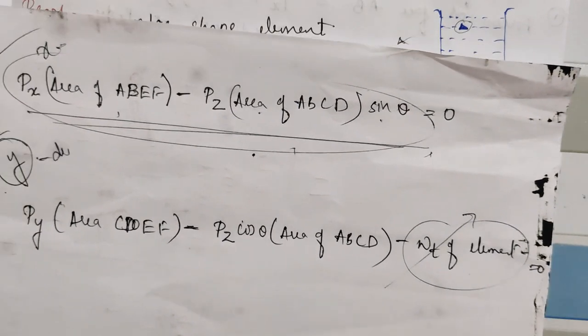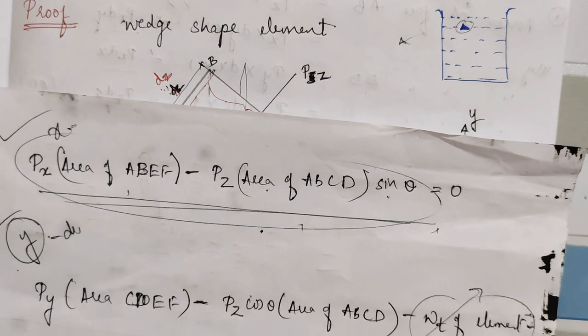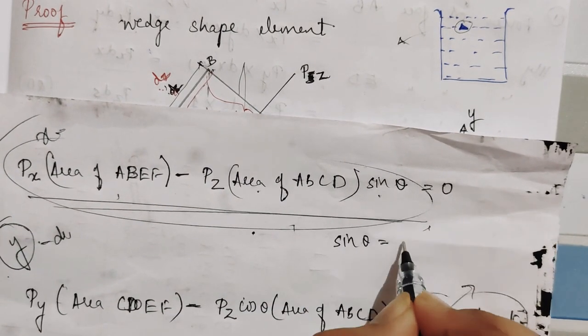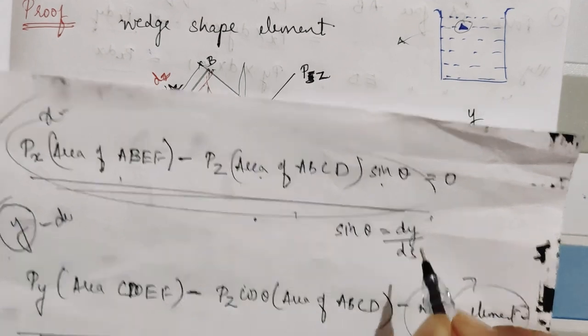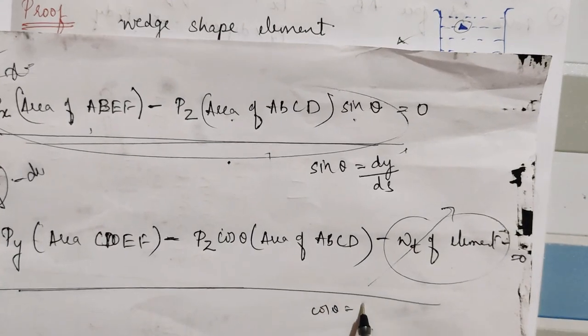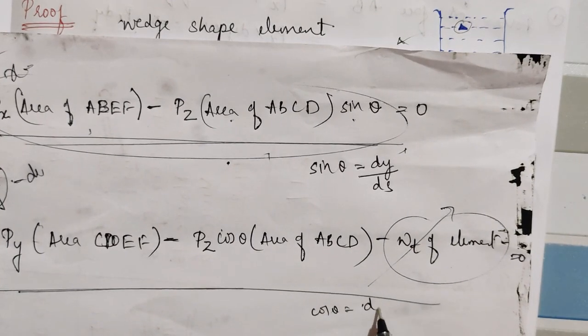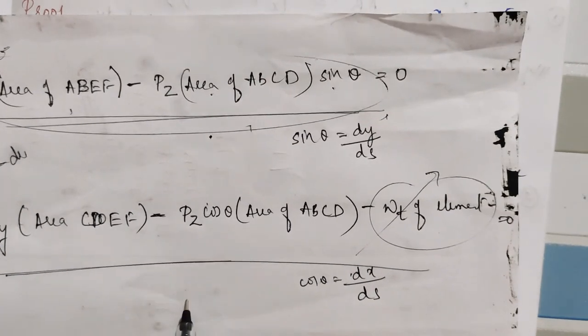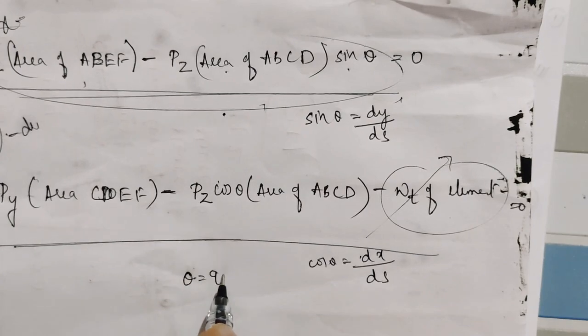But the main change here is that we take sine theta as dy by ds and cos theta as dx by ds. Here we will not change the angle theta to 90 minus theta.